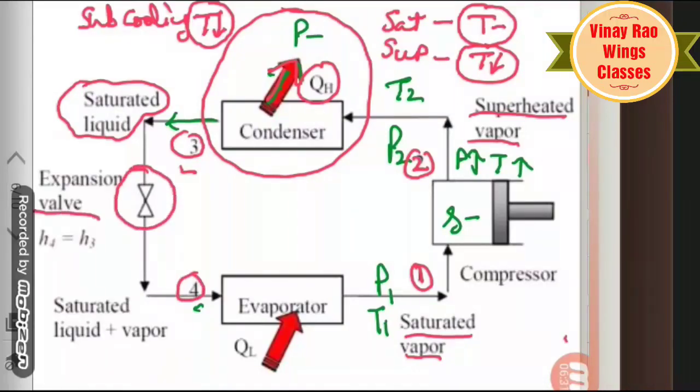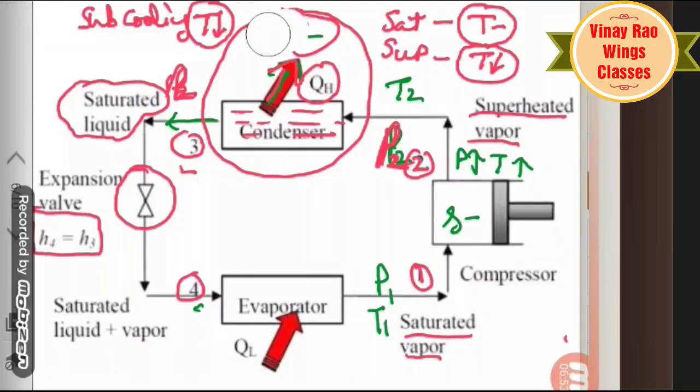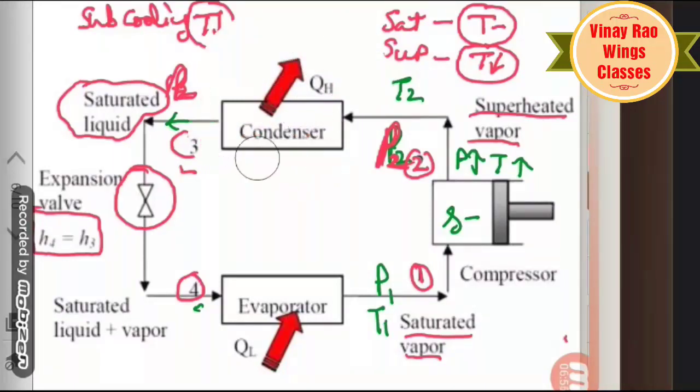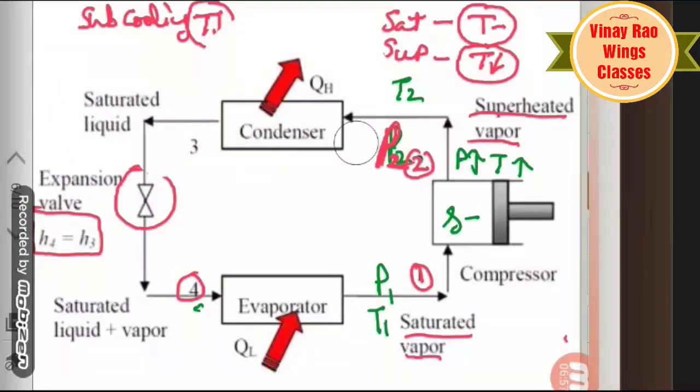The expansion process is isoenthalpic: it isoenthalpically expands the liquid at a higher pressure. At this point the pressure is again P2, because condensation takes place at constant pressure. That means at point 3 the pressure is the same, P2.